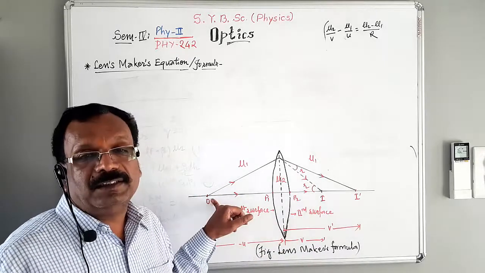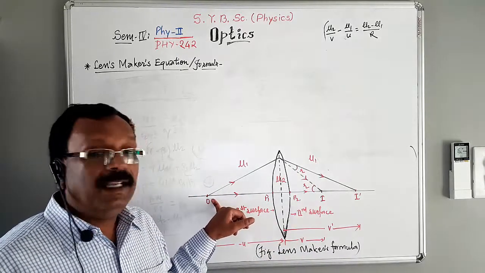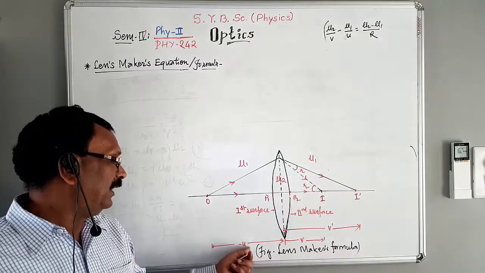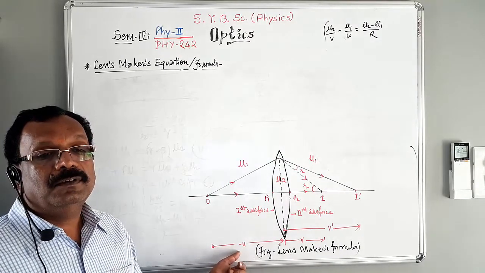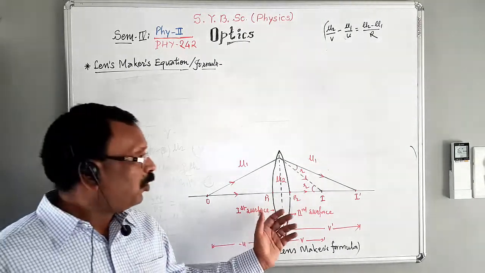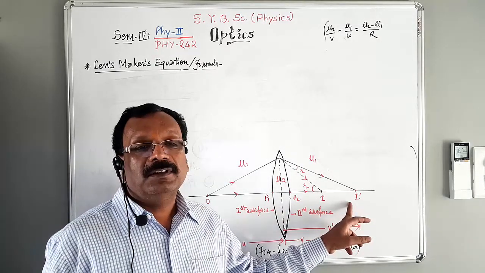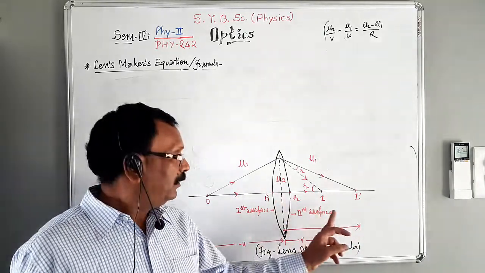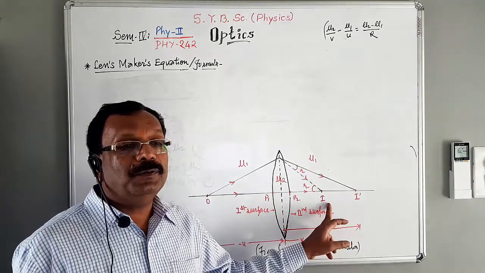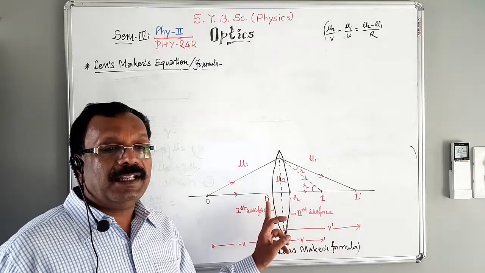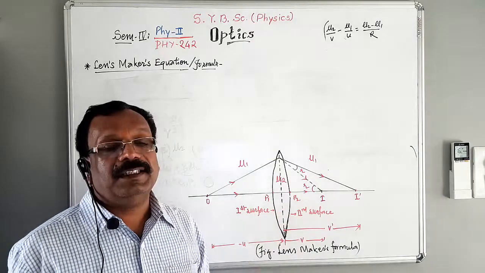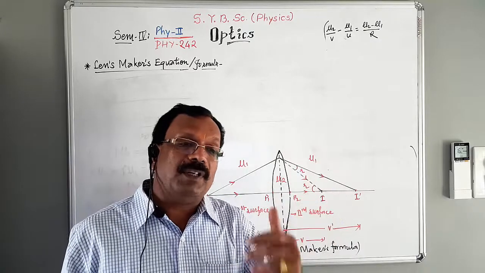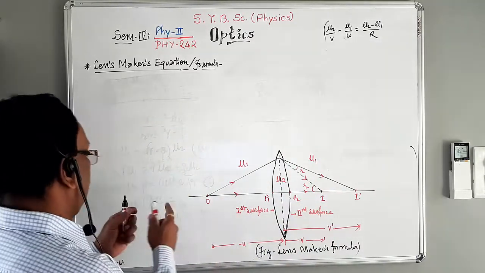Let O be the point object kept on the principal axis at a distance u, which according to sign convention is minus u, from the lens, and it forms the final image of the object O at I due to refraction of the rays at the first and second spherical surfaces. Now we have to consider the two surfaces one by one. Suppose refraction at the first surface.